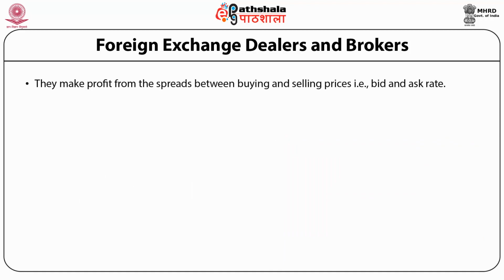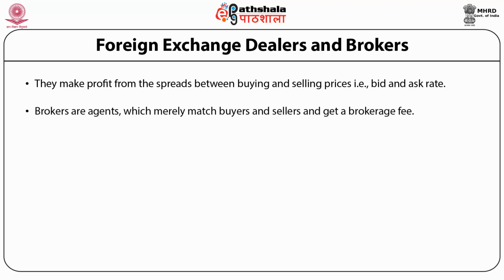They make profit from the spreads between buying and selling prices of the currency, that is the difference between bid and ask rate. Brokers are agents which merely match buyers and sellers and get a brokerage fee.